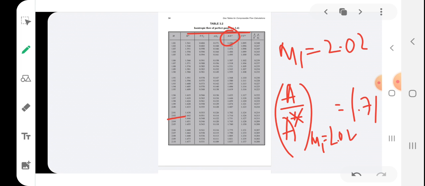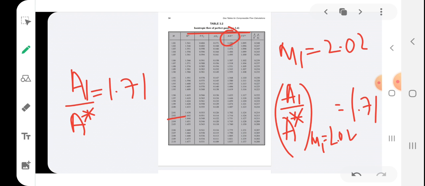So that value is 1.71. A1 by A star means A by A star at M1, so A1 by A star is 1.71.